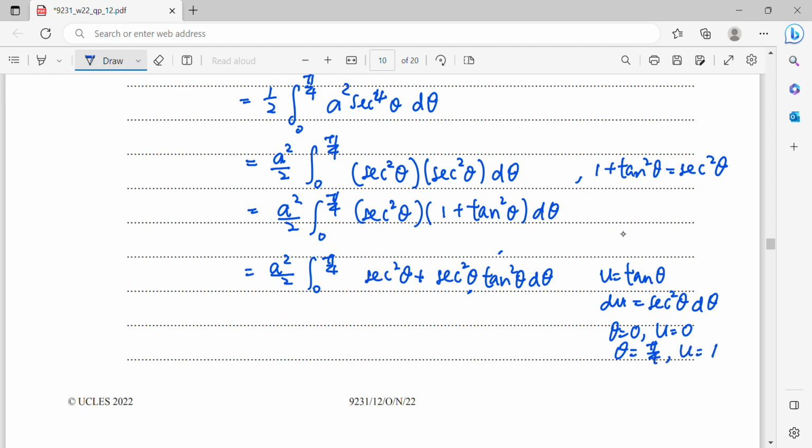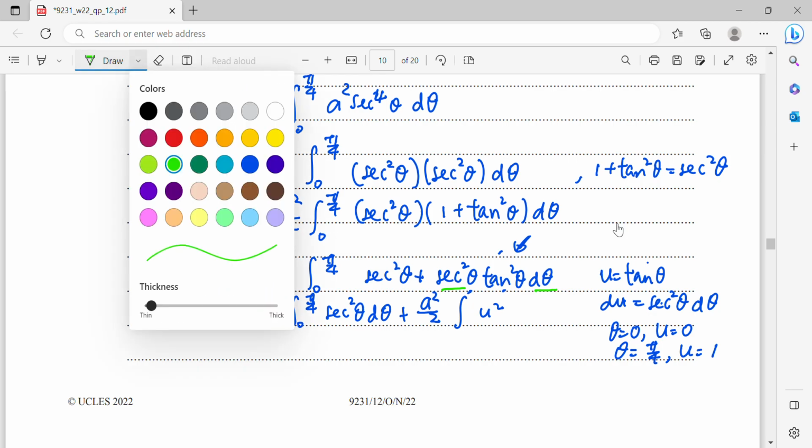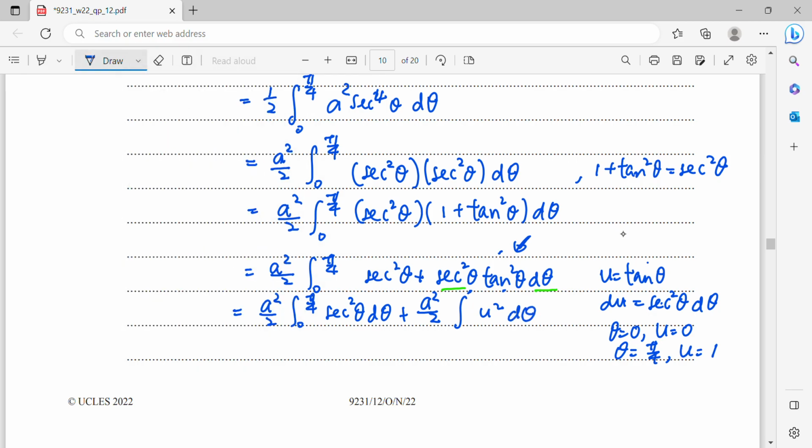So from here, I will split it into two integrations. For the second integration, u equals tangent theta, which means this is my u squared. Sec squared d theta is basically du, and then u from 0 to 1.